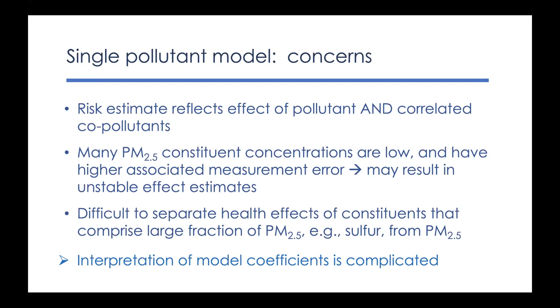Also, many PM constituent concentrations are low, so they have higher associated measurement error, which may result in unstable effect estimates, and thus may affect our ability to detect important associations when they exist. And third, it's difficult to separate the health effects of constituents that comprise large fractions of PM, such as sulfur, from PM2.5. So all told, the interpretation of the single pollutant model results is not straightforward.